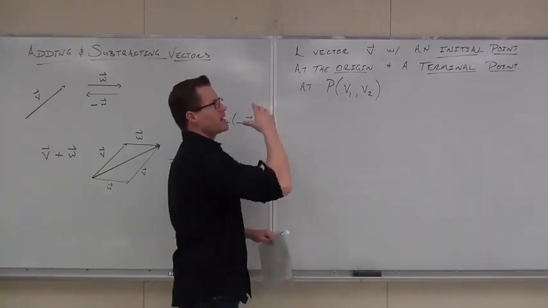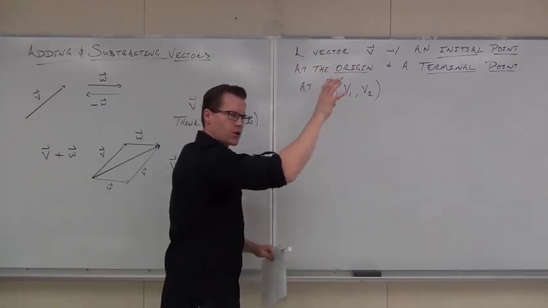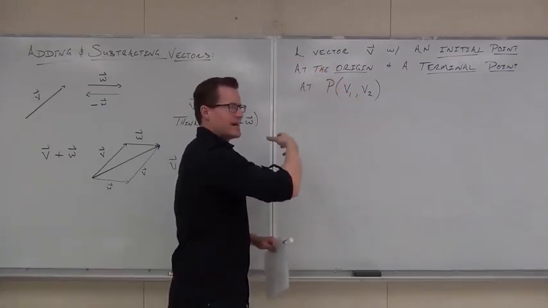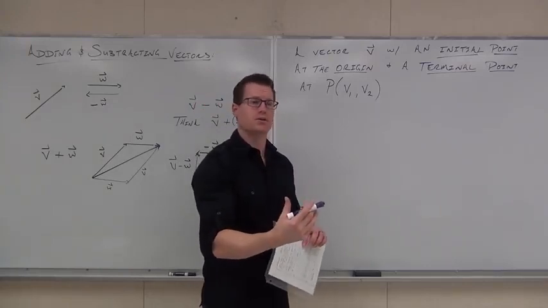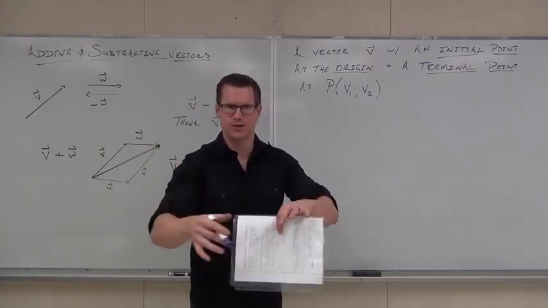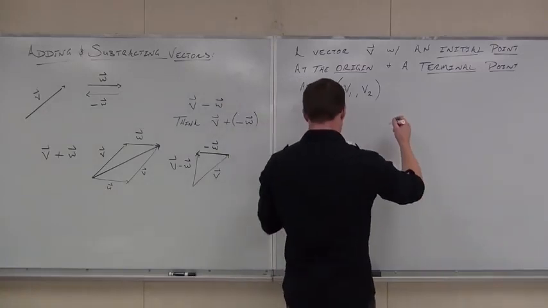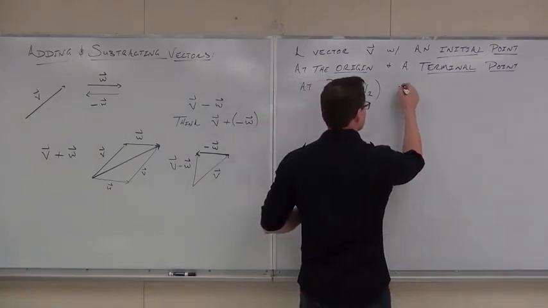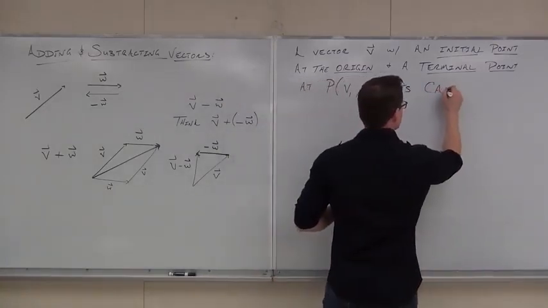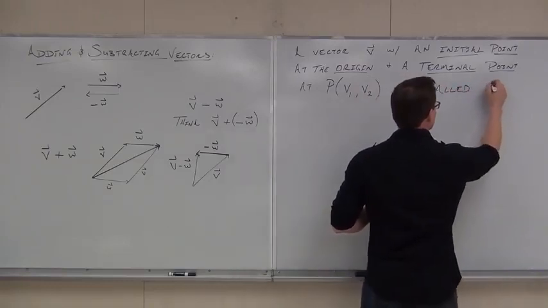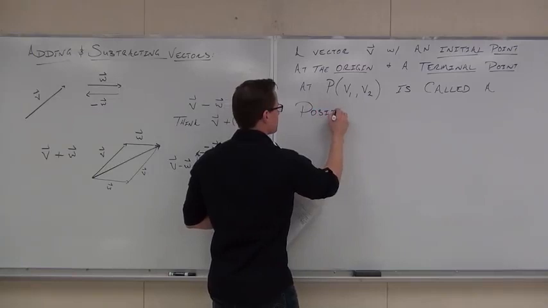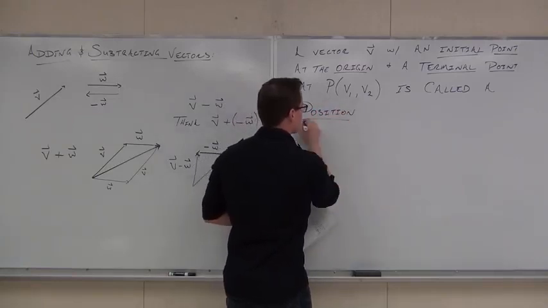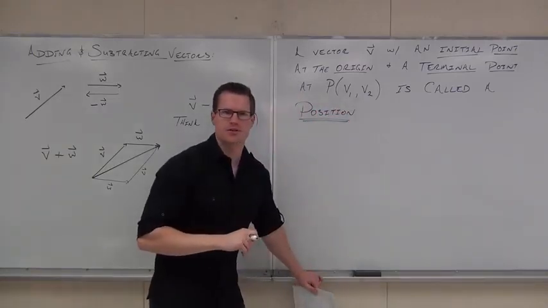So suppose we have a vector with its initial point at the origin and a terminal point at some other point. This specific situation is called a position function. That's what we want. Wait, did I say position function?